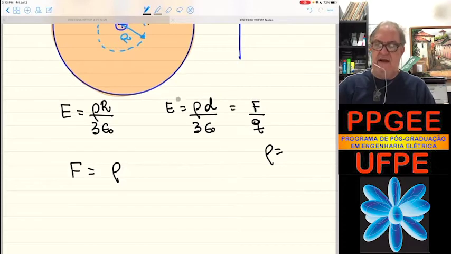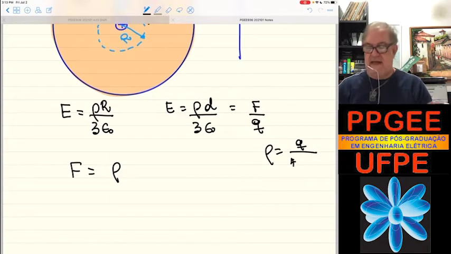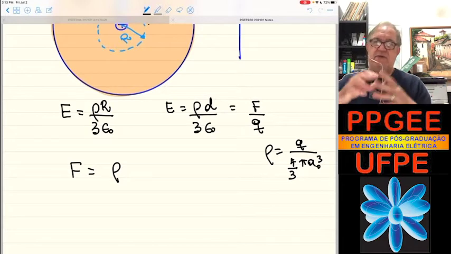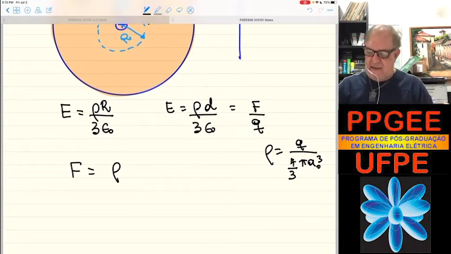I'm using only the magnitude in this calculation, okay? I'm not going to put the sign because it's not important. The density is the charge of the electron, it's minus that, right, but it's the magnitude, divided by 4/3 pi a0 cubed, or if you want, a wave function defined for the hydrogen atom, let's say. But assuming that it is a uniform density, that's what it is.